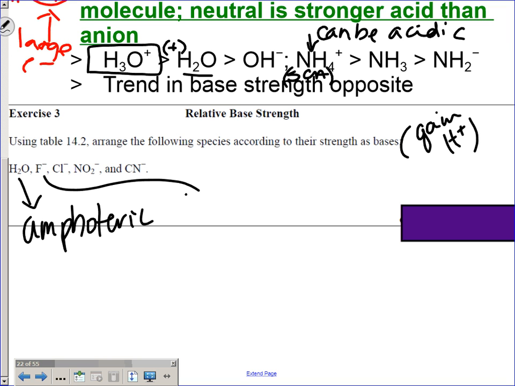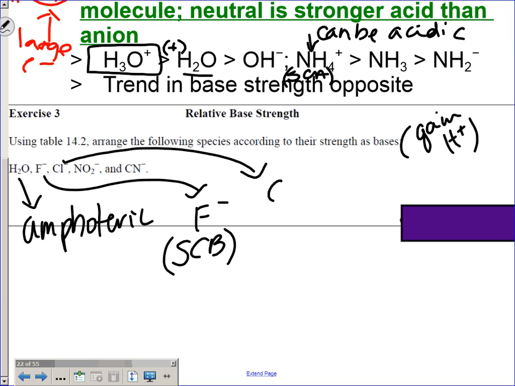Okay, F minus, that is the conjugate base of a weak acid. F minus came from HF. HF is a weak acid. That's the conjugate base. And so you know it's the conjugate base of a weak acid. Is that strong or weak? Strong. So I'm going to write SCB, you guys know what that means. Strong conjugate base. Okay, so that's kind of giving us some relative comparison so far.